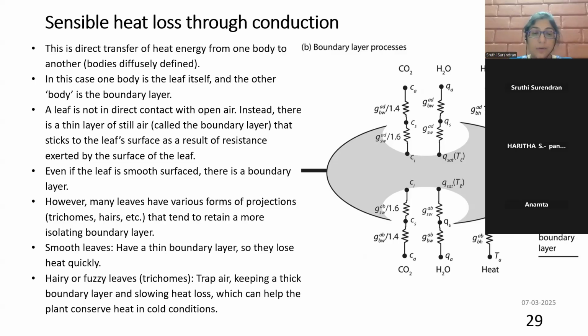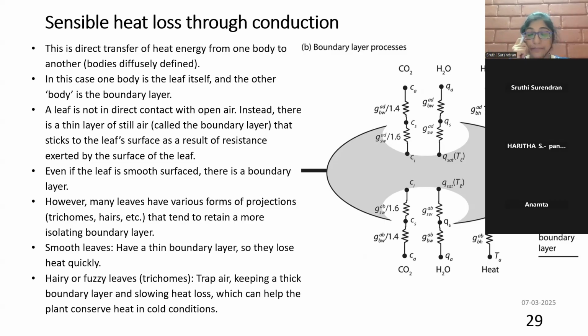Now, if you have a very large surface, then the boundary layer is going to be large, because the area that is offering resistance to the heat transfer is going to be more. So more resistance means that boundary layer is going to be higher.